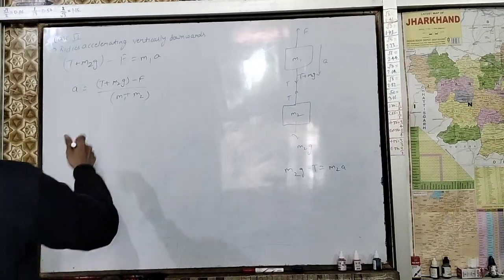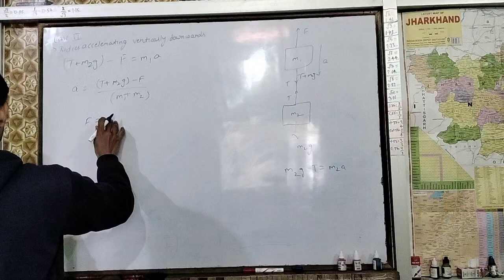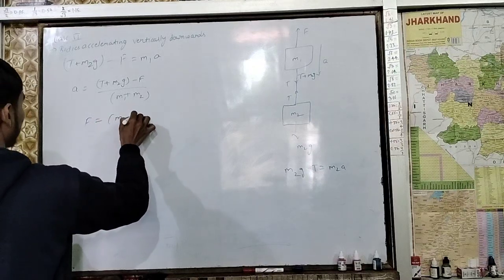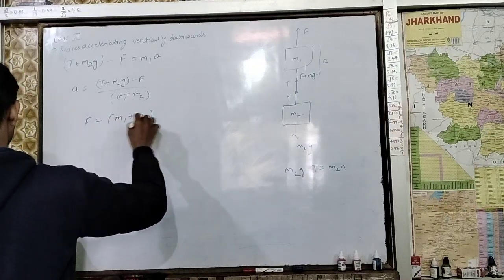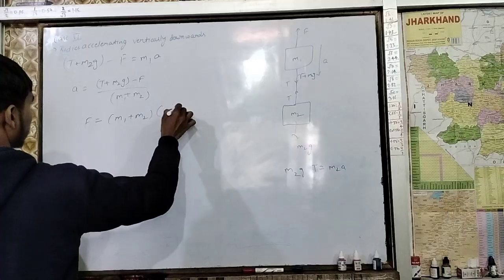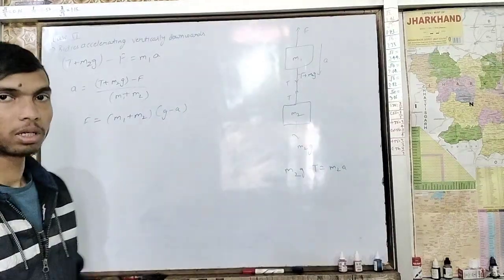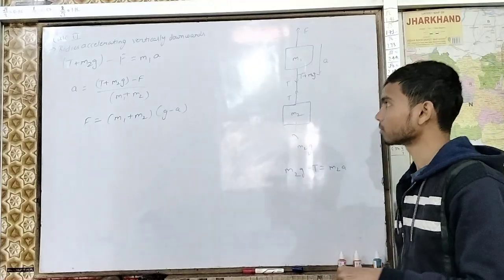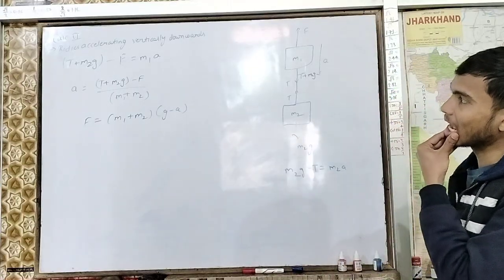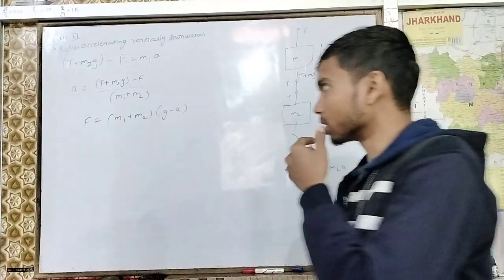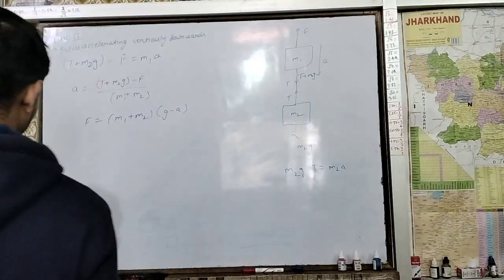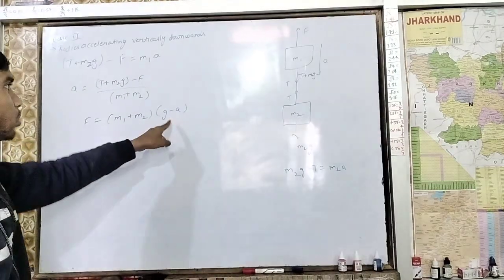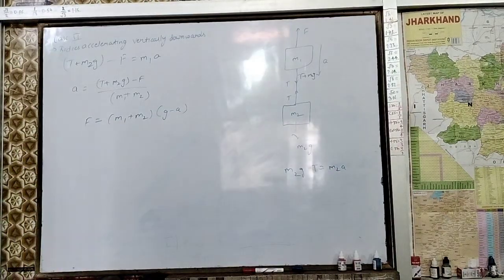To calculate F, we have m1 plus m2 into g minus a. Minus is for negative direction. Direction is a downward. Okay, minus is for negative. Total mass, m2 gravitational force.